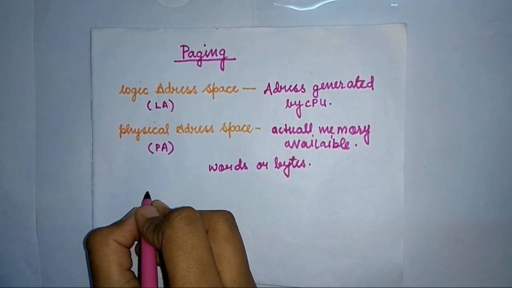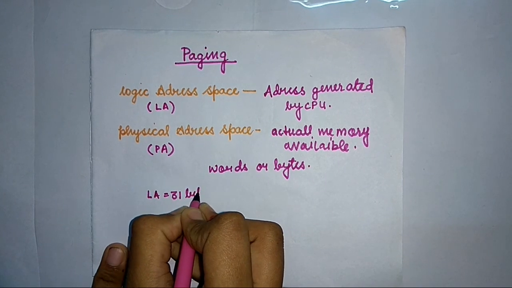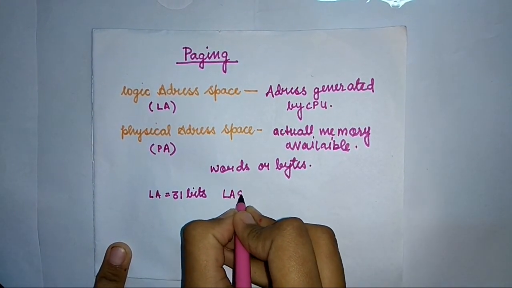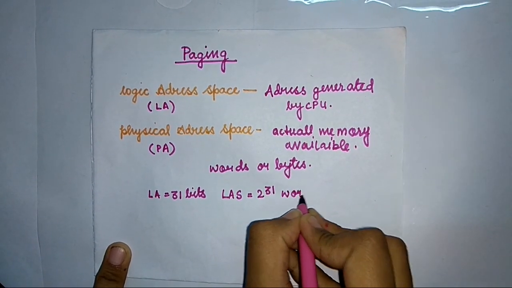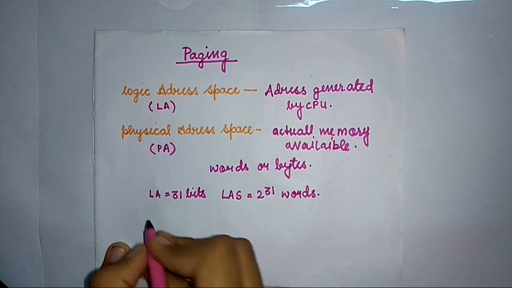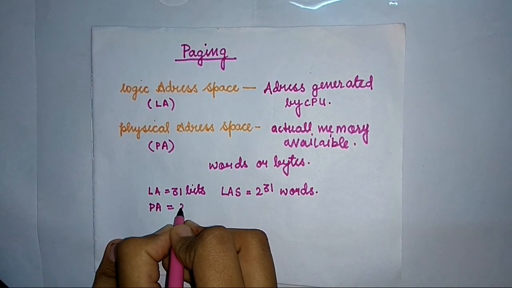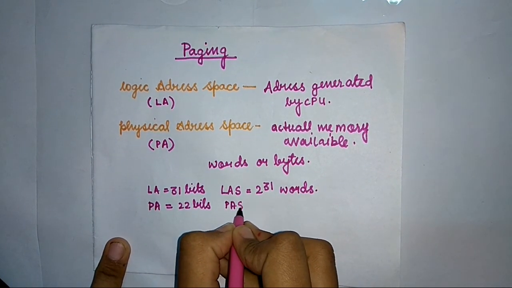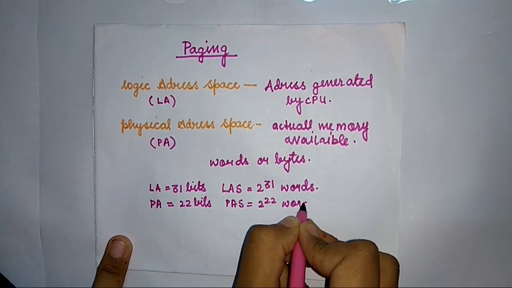Suppose a logical address is 31 bits, so our logical address space will be 2 to the power 31 words. Similarly, if the physical address is 22 bits, the physical address space is 2 to the power 22 words.